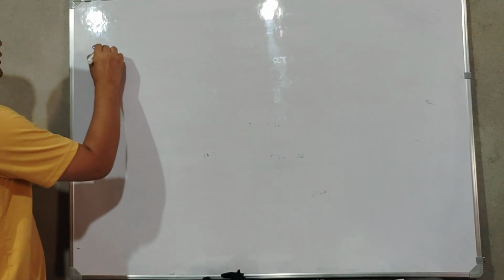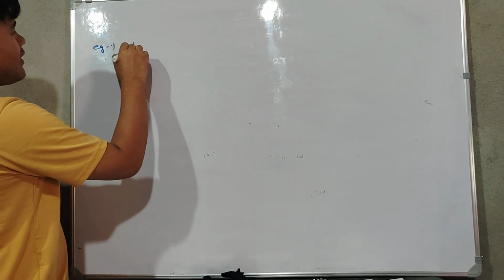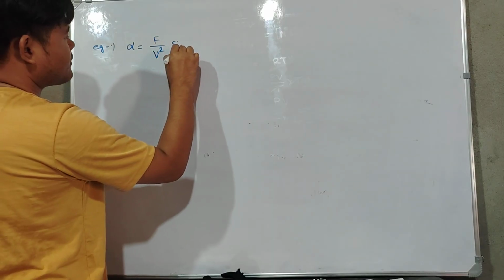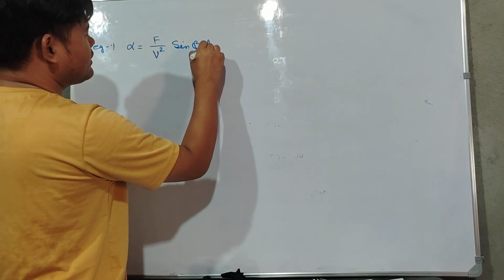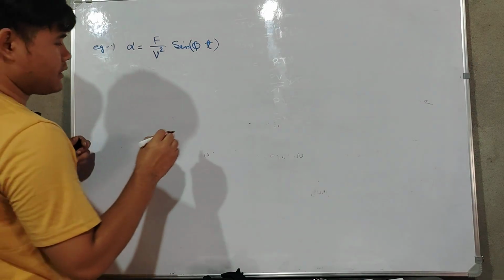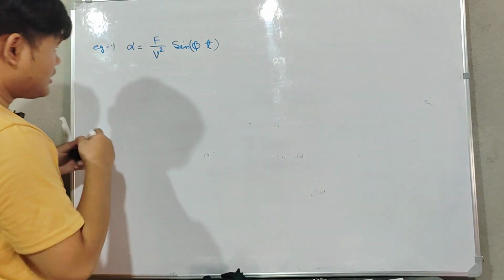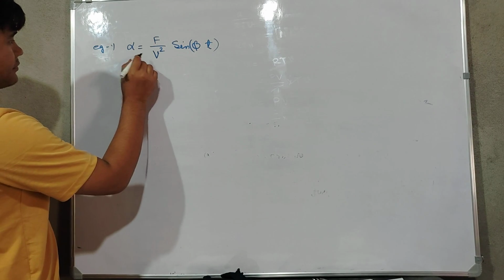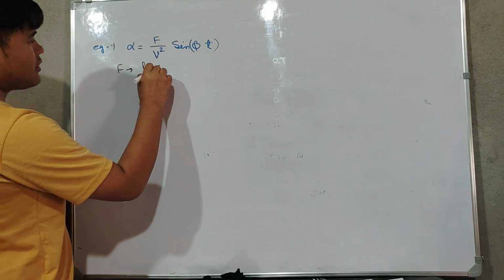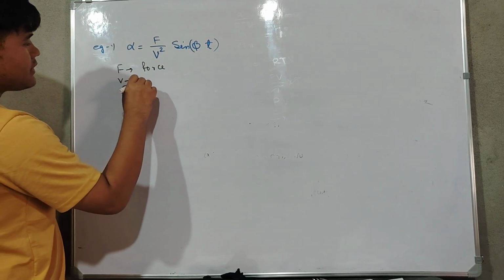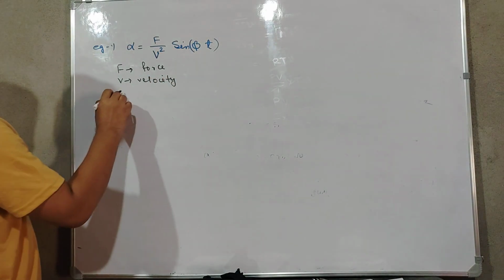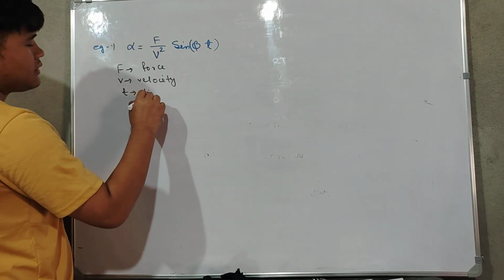Okay, example 1. Alpha is equal to F by V square sine beta. Now the question is telling us F is force, V is velocity, and T is time.